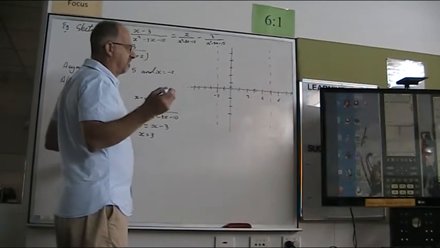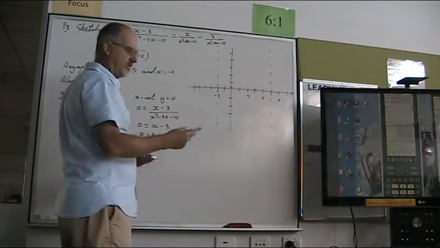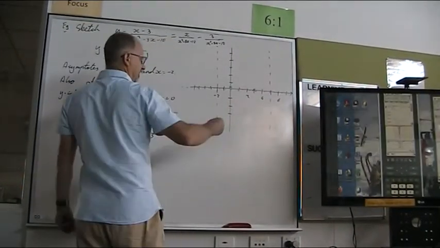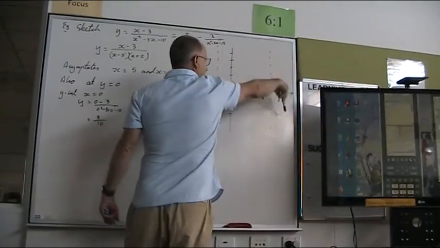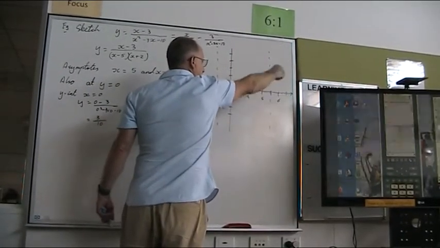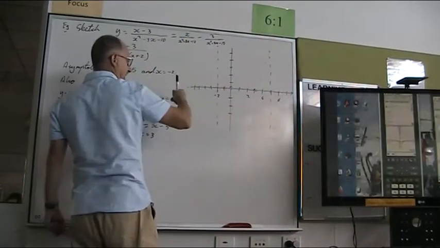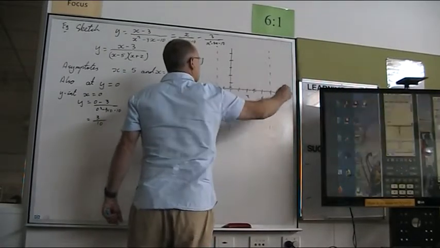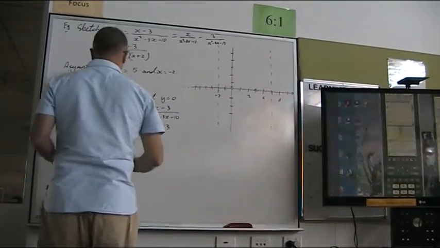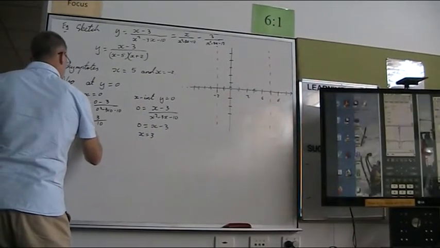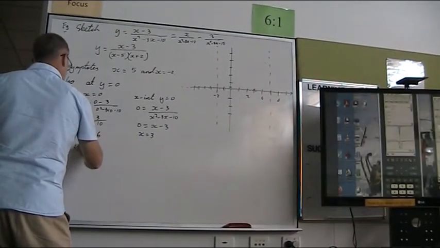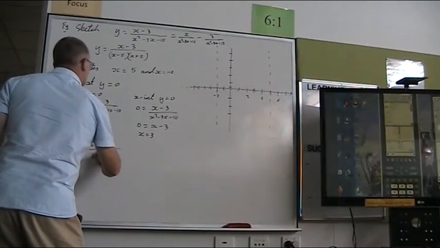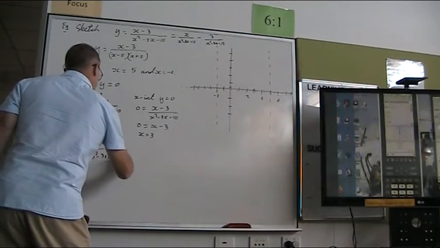So you might just pick a value so that you know where it goes. Let's find out what's going on over here, because when we find out what's going on over here, we'll then be able to work back. So let's sub 6 in. When x equals 6, we've got y equals 6 minus 3 over 6 squared minus 3 times 6 minus 10.